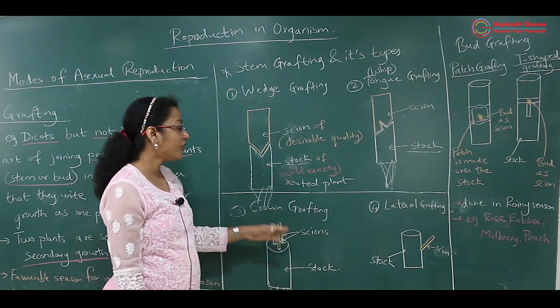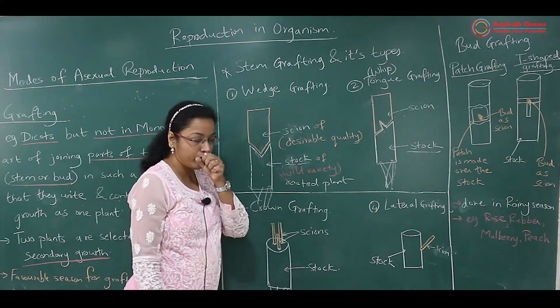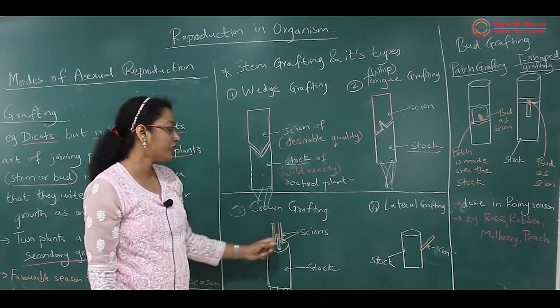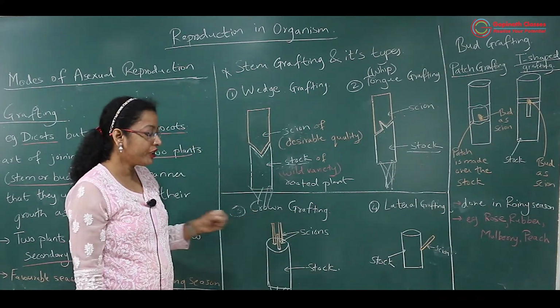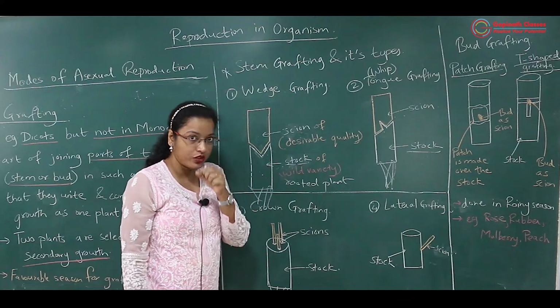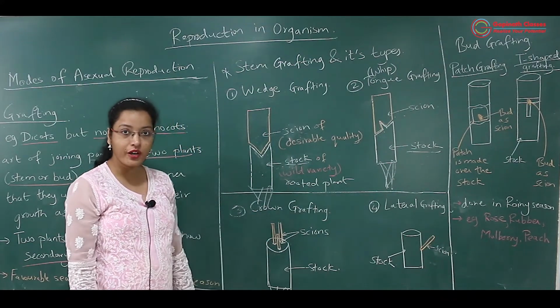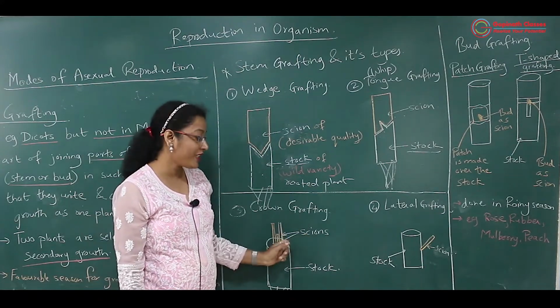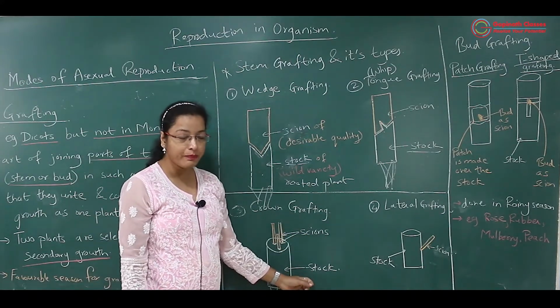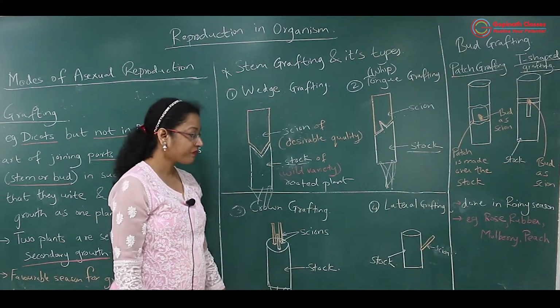Okay. So more scions are placed over the stalk. So all of you understood what is crown grafting? In crown grafting, many scions are placed over the rooted plant, that is the stalk.